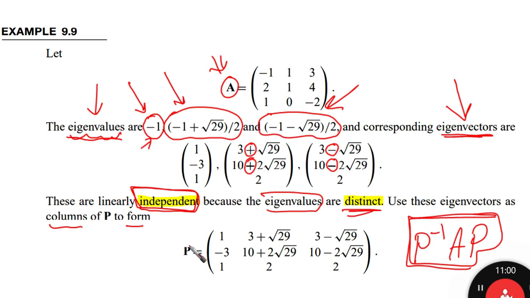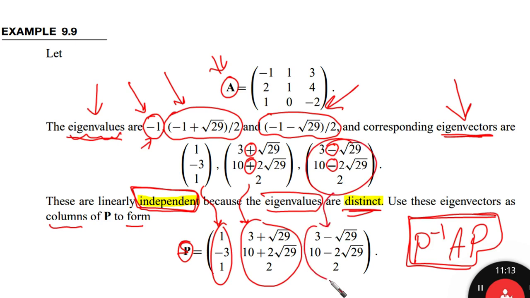So we're going to form P, as you can see here. P is the first eigenvector, the second eigenvector, and the third eigenvector. So we have formed P from the eigenvectors available to us, right?